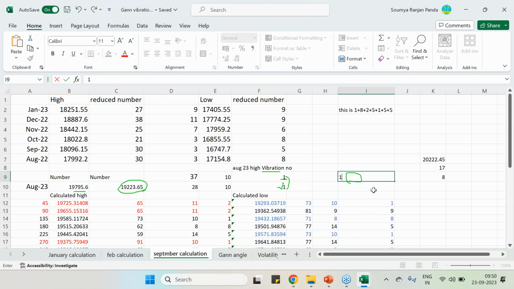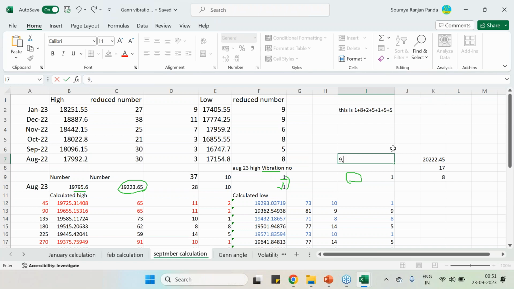Suppose the sum of digits is 9. Can you tell me what the vibration numbers are? 9 itself will be present here. Then what are the other vibration numbers? If the sum of digits is 9, this is very important. If you do not understand that, you cannot utilize this concept.